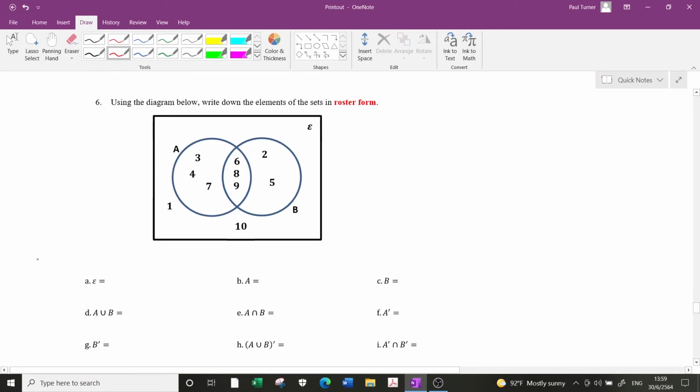So let's have a quick look at question 6 that you'll need to do. Remember, your universe is all of the elements together, including these ones that are outside. Okay, so you're going to have 1, 2, mark them off, 1, 2, 3, 4, 5, 6, 7, 8, 9, 10. So this is going to be 1 to 10.